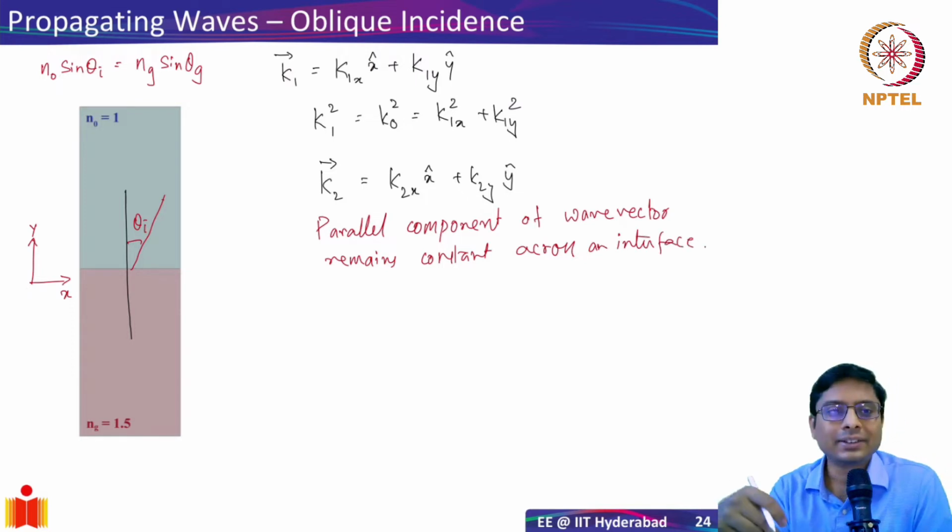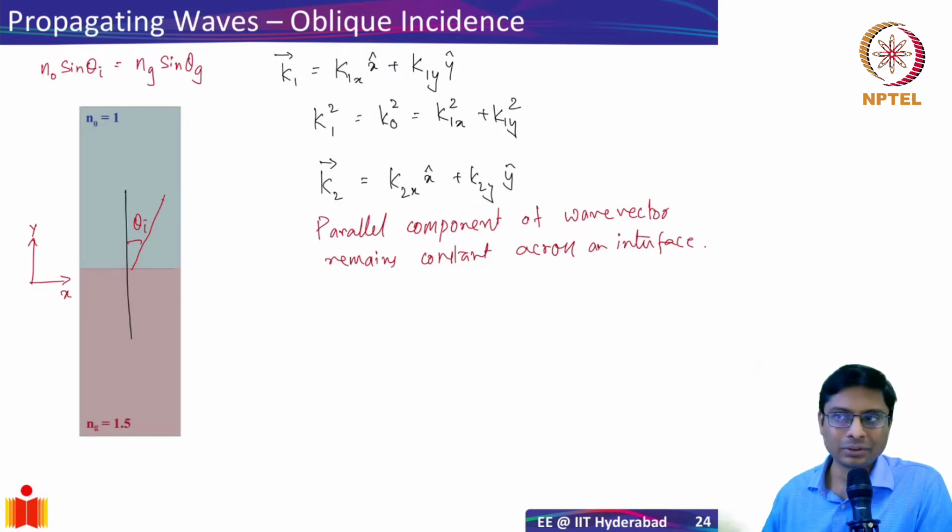The reason is that this interface is infinite in the x direction, with no features. Because of translation symmetry, the parallel component of the wave vector has to be continuous. But in the perpendicular direction, the wave is going to hit an interface, so there is symmetry breaking, and because of that the normal component has to be different. The parallel component sees translation symmetry in this direction, so it is always conserved.